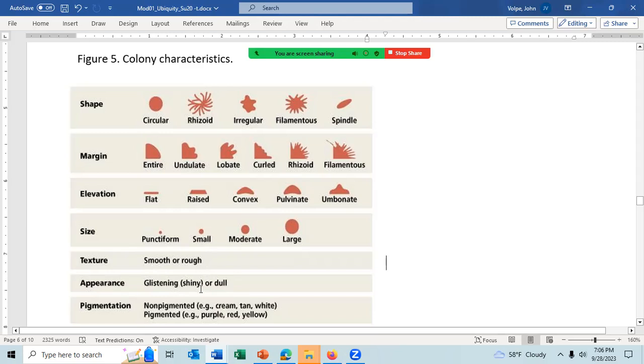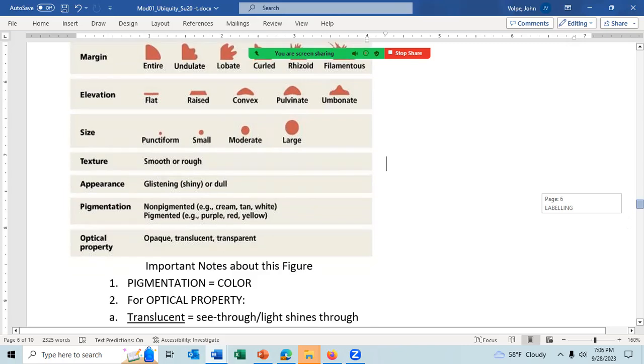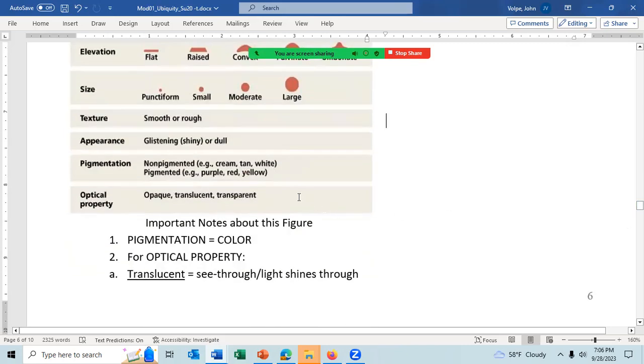Is the colony shiny, which we call glistening, or is it dull? And then you can talk about whether the colony is pigmented or not. If the colony has any color to it, like purple, red, or yellow, we call it pigmented. If it doesn't have any color to it, it's non-pigmented. And that includes cream, tan, and white colors, also off-white.